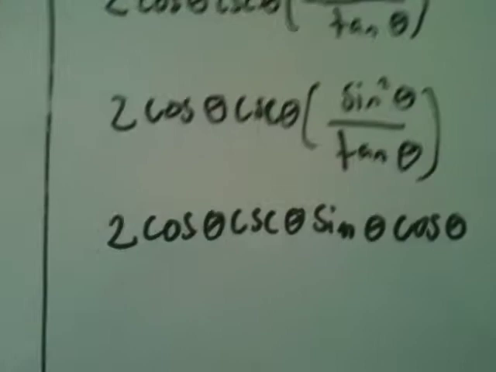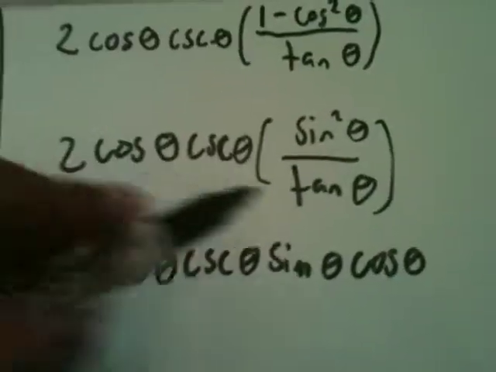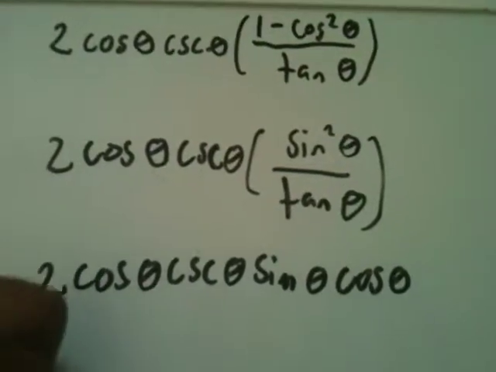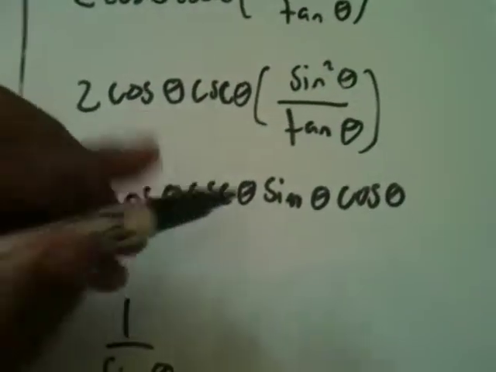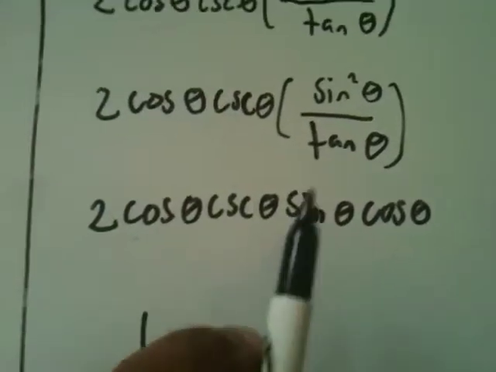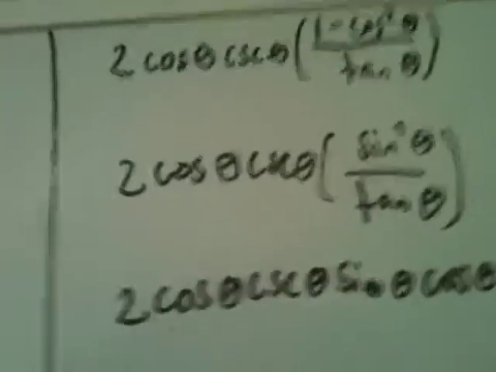And we're almost done. Now, more things may pop out. Remember that the cosecant is 1 over the sine of theta. And we actually have a sine right next to it. So these will just cancel out and be 1, meaning they'll pretty much disappear.